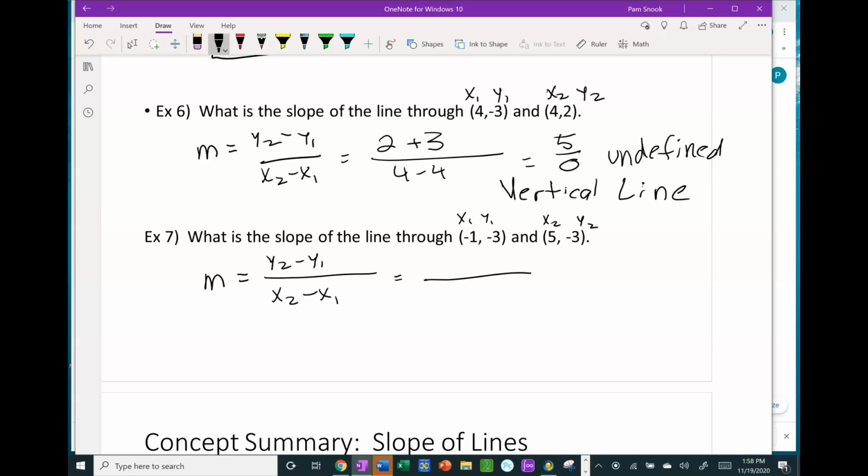So just plug in -3 minus a -3 is the same thing as 3 plus 3. And then I have 5 minus a -1, or 5 plus 1. I get a 0 over 6. Anything where 0 is in your numerator, so 0 over anything, that always equals 0. So then this would be horizontal.